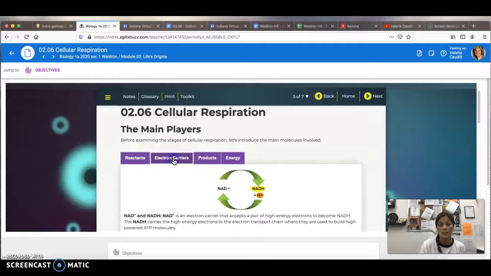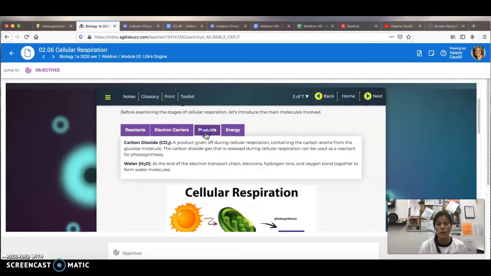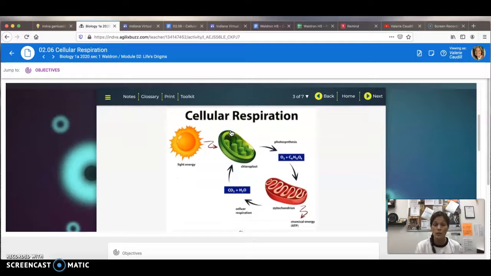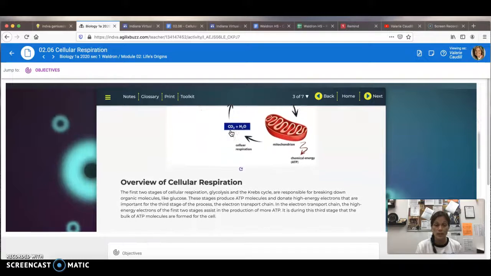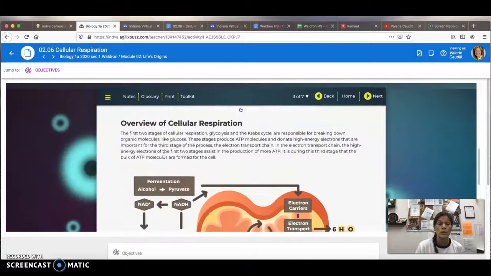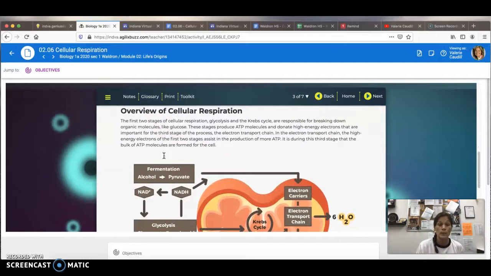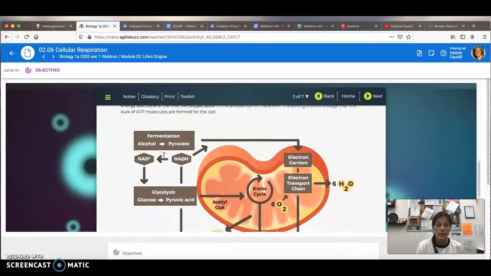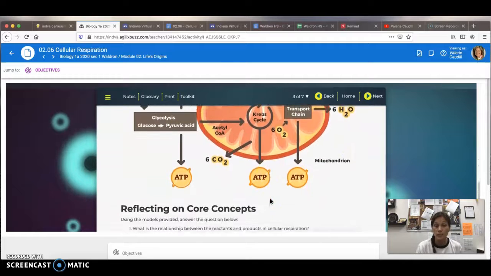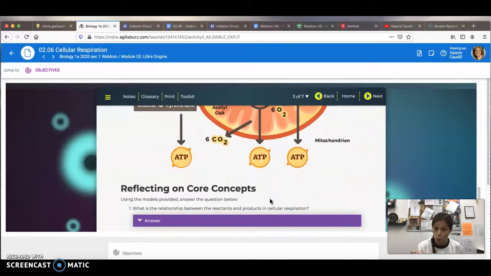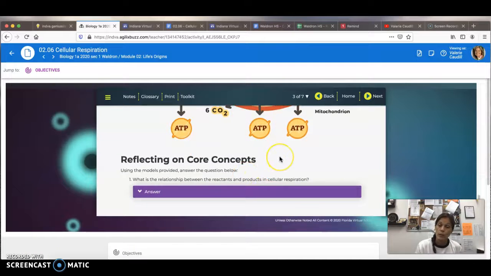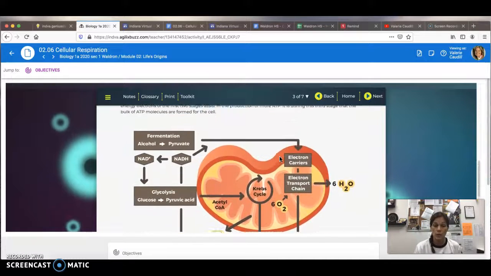We have the reactants, the electron carriers, the products, and energy, kind of an overview here of cellular respiration.